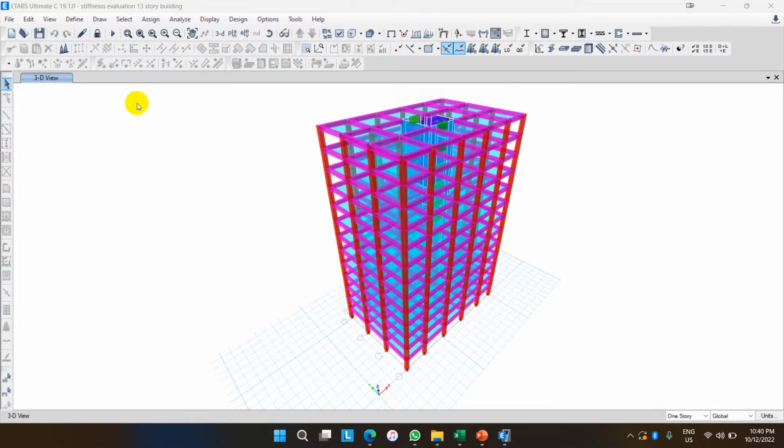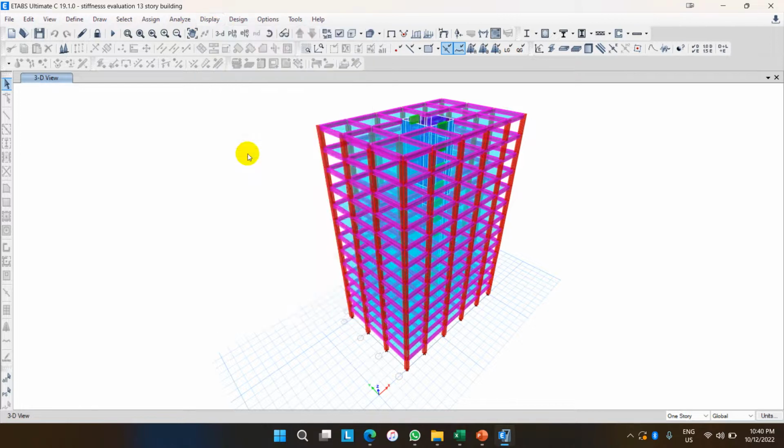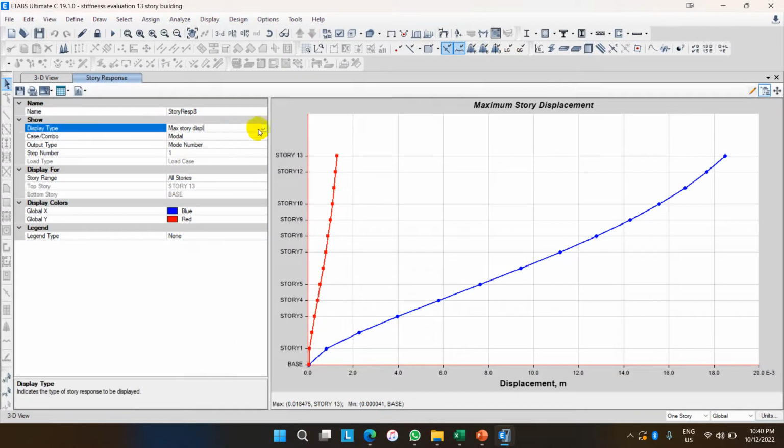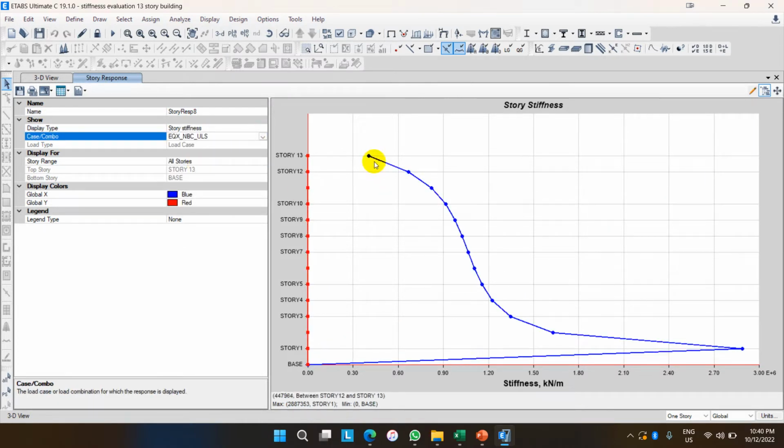So here this is the ETABS model, and this is the analyzed model. If we look into the story stiffness with the story response plot for any of the load cases, we will get the story stiffness like this.